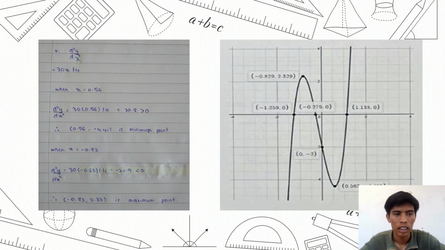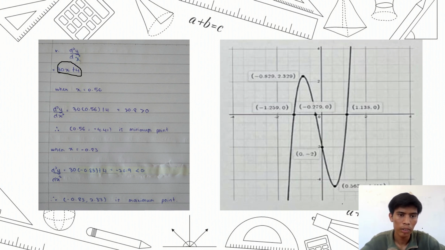Alright, let's go to question number 5. The question is determine the nature of any stationary points we found in part 2 and justify your answer. Alright, the answer we got is 30x plus 4.